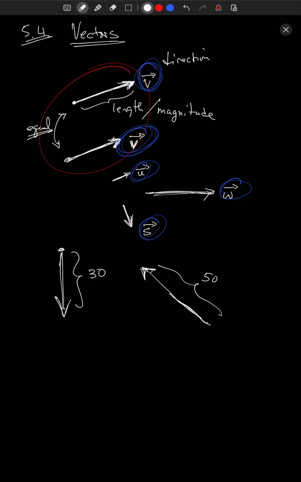If you go on to take more math, calculus, and especially physics, vectors are just ridiculously important because they help us describe the real world. Let's say you're looking from above, from Google Maps, you see a road like this, and you have a car driving along this road. The correct way to describe your velocity is as a vector, just like these two that I've drawn here, 30 miles per hour south, 50 miles per hour northwest.